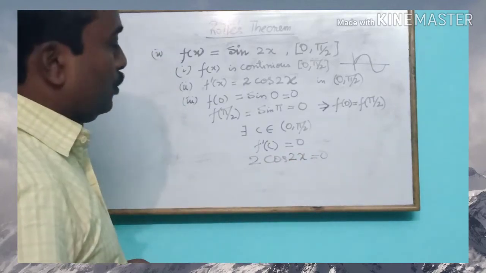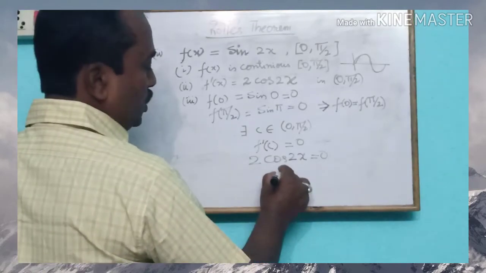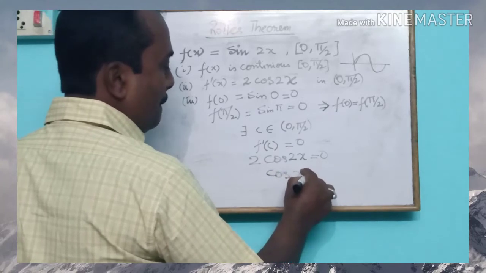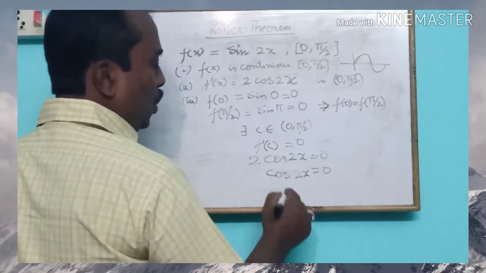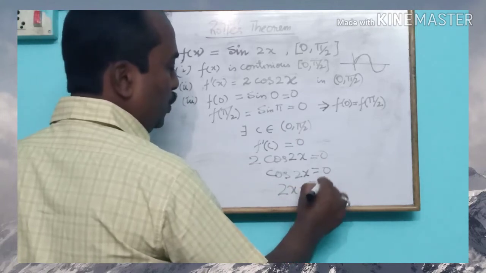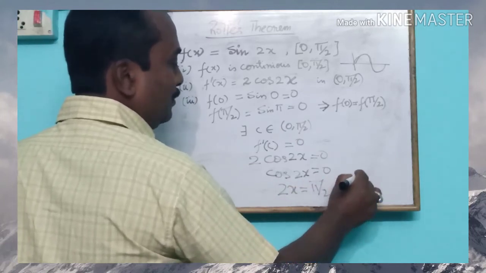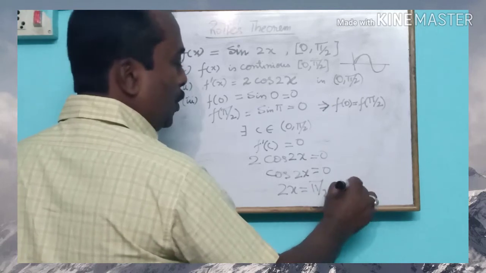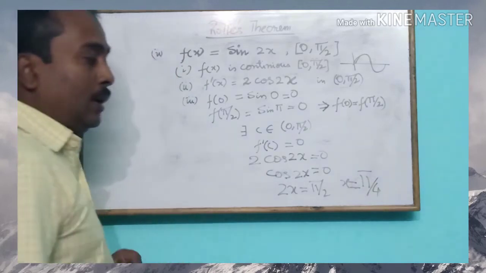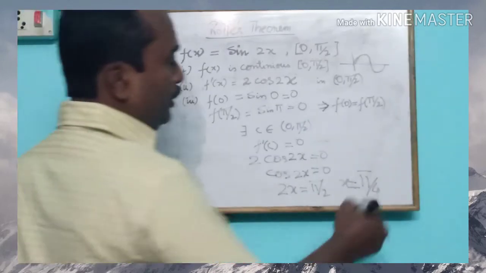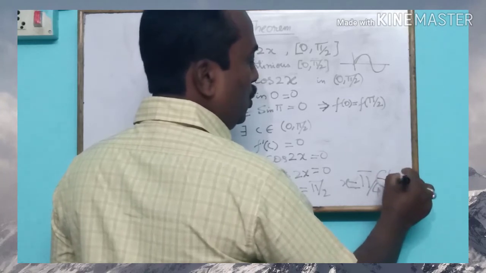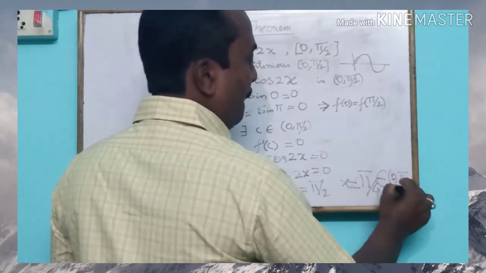Cos 2x is 0 means 2x equals pi/2, or x is equal to pi/4. Pi/4 obviously belongs in the open interval (0, pi/2).